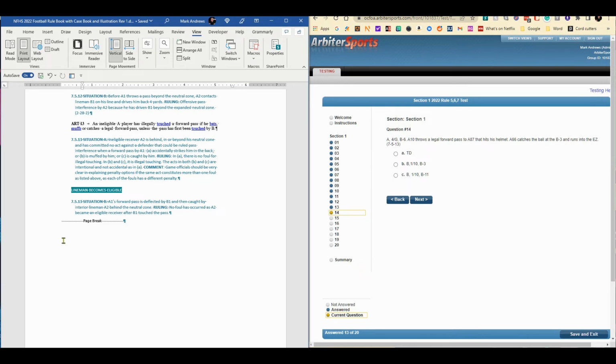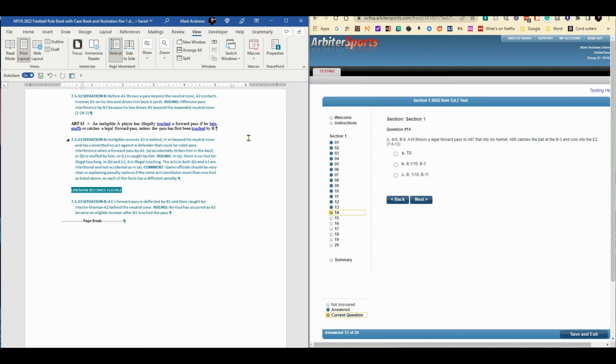So, 7513 tells us an ineligible A player has illegally touched a forward pass if he bats, muffs, or catches a legal forward pass unless the pass has first been touched by B. We had a question very similar to this about 5 questions ago, but in that case, the ball bounced off the ineligible player's helmet and was caught by an eligible receiver. This is the reverse. And so he has violated 7513 in that he caught a legal forward pass and there was no touching by B.